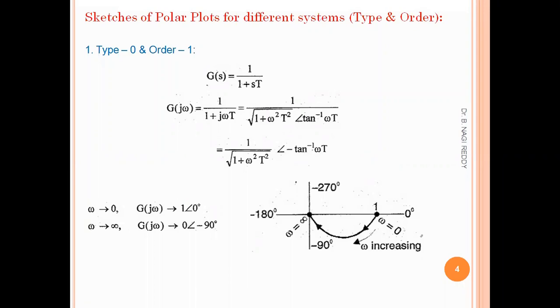So the angle will be 90 degree. However, we have a negative sign, so minus 90. So the value is 0 at an angle of minus 90 when we take omega as infinity. So minus 90 is the representation of the angle.